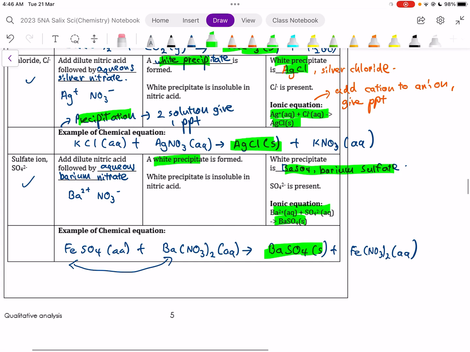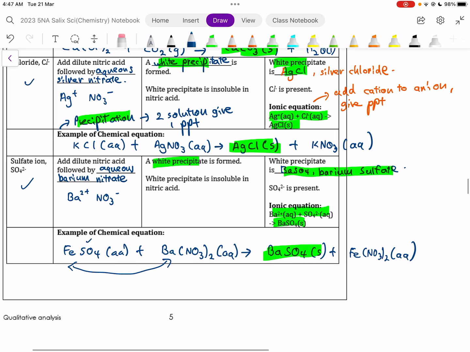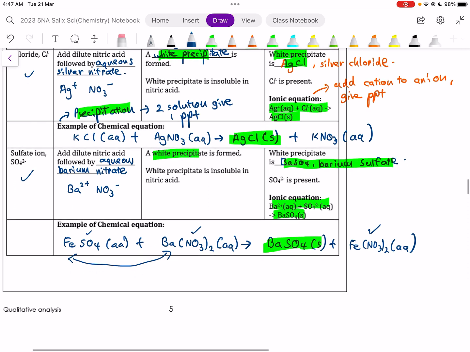So I show you the long way for the ionic equation now. If you're not doing the shortcut, you break the aqueous ones into ions, then cancel common ions. So I break all the aqueous ones into the ions; solid, liquid, gas stay.